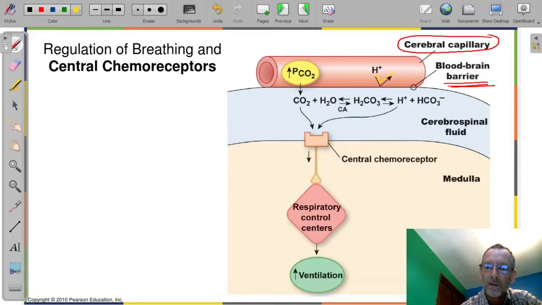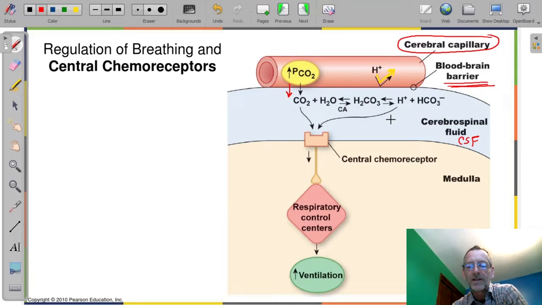They have to stay in the blood. Yellow doesn't really show up, but the carbon dioxide can. And in these figures, the yellow egg-like oval is a stimulus or a stimulatory signal. So that does diffuse into the CSF, cerebral spinal fluid.